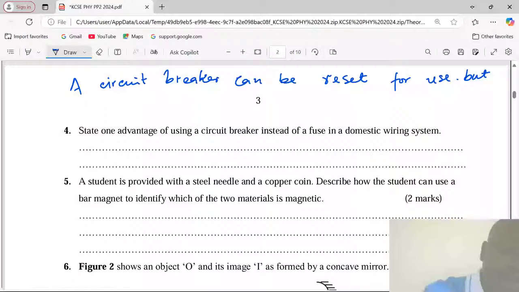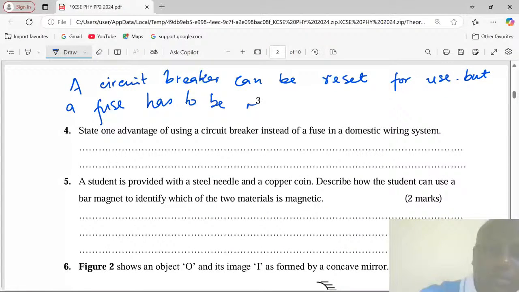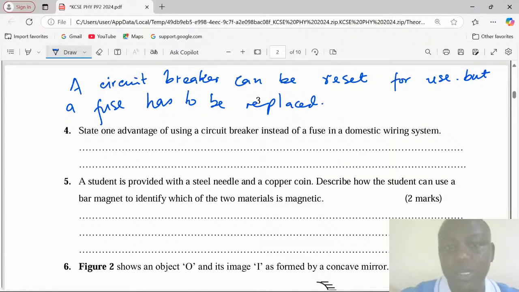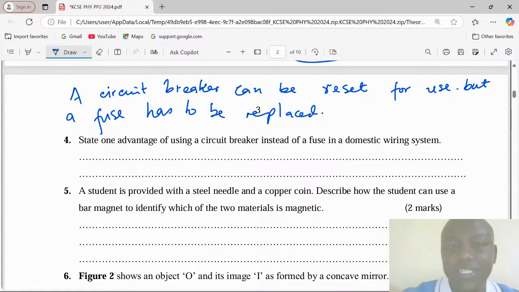But a fuse has to be replaced. We cannot reset it for use again.